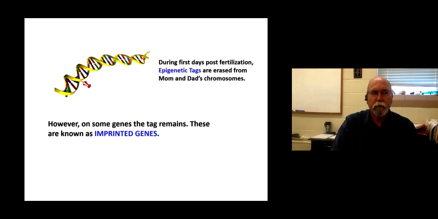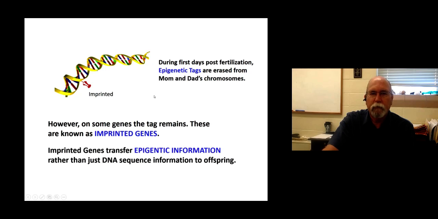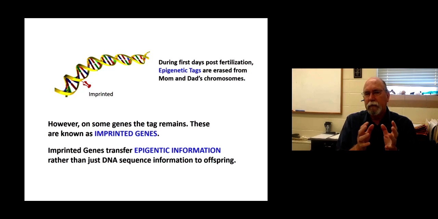Some of them stay for long periods of time, and those become known as imprinted genes, ones that really do stay and have a long-term effect on the system. Those are the ones we would think about as true epigenetic control, because they're heritable, right?